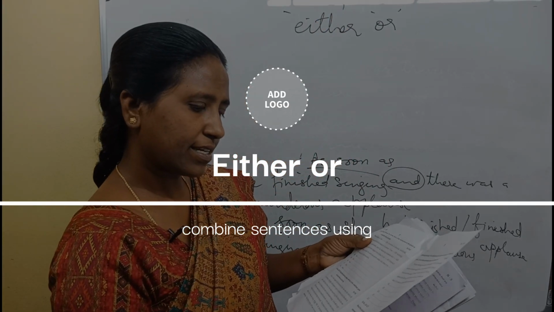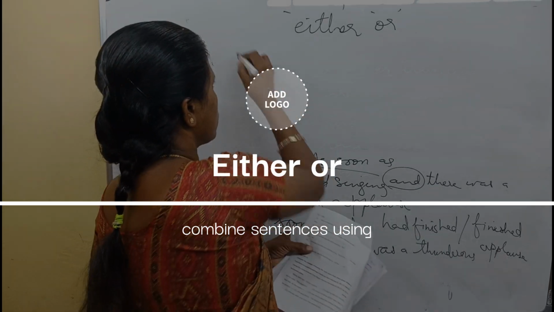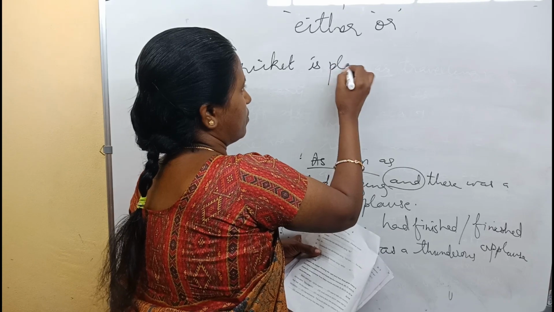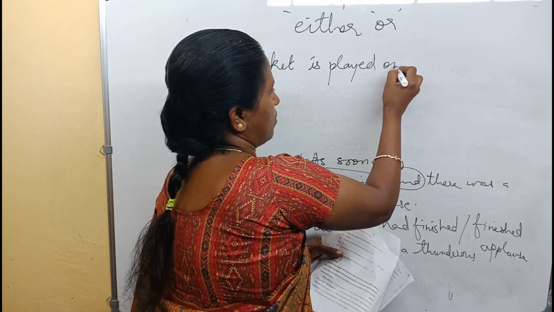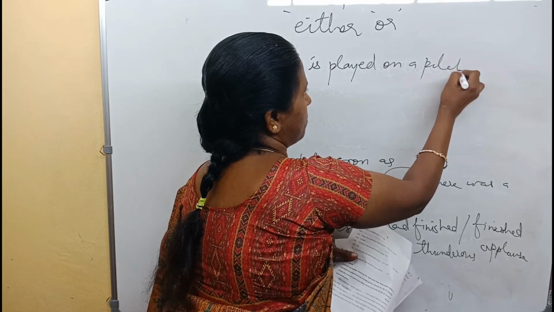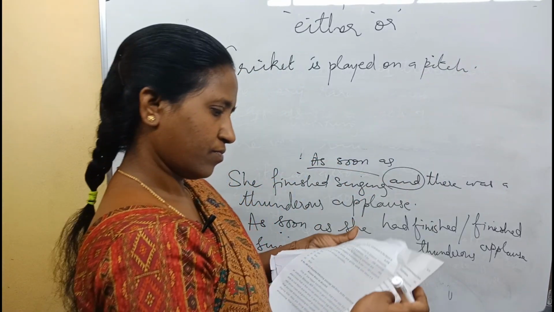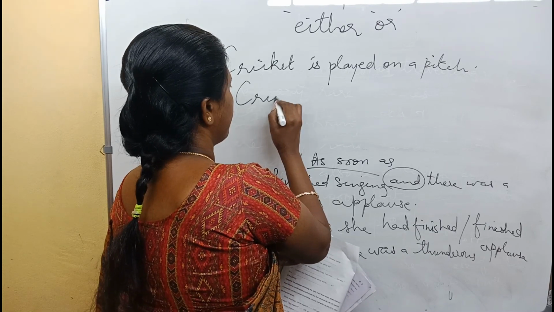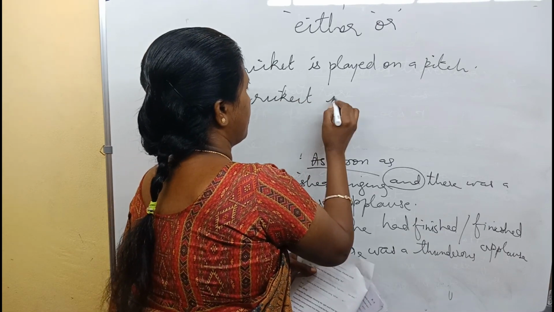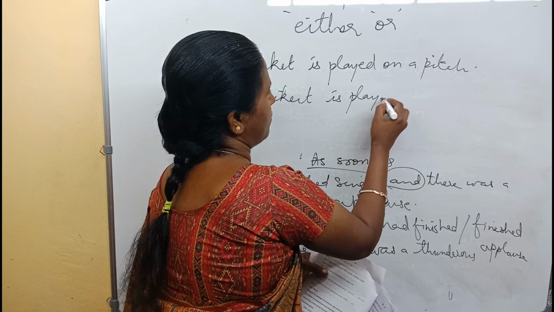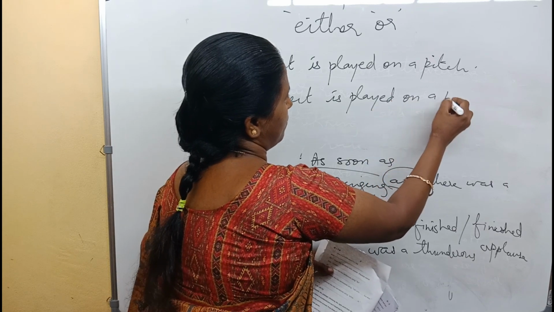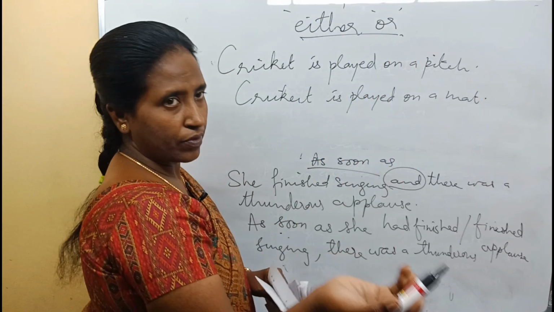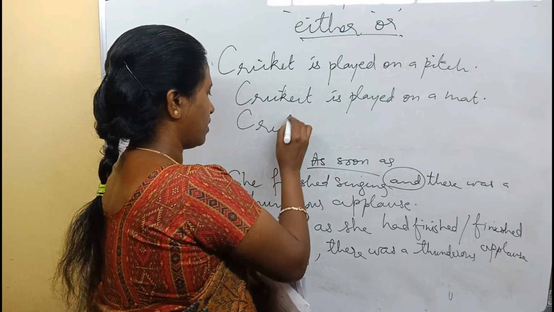Okay, the sentence here is, cricket is played on a pitch. Cricket is played on a mat. How you would combine using either or? It is very simple.